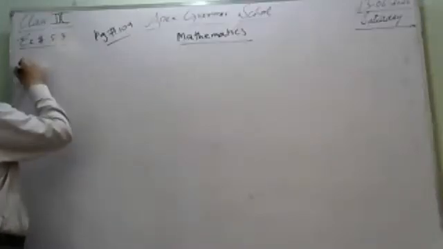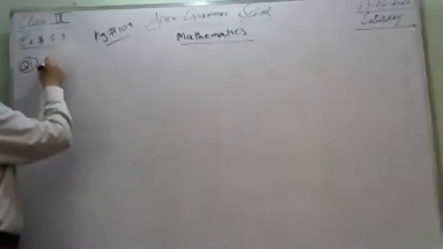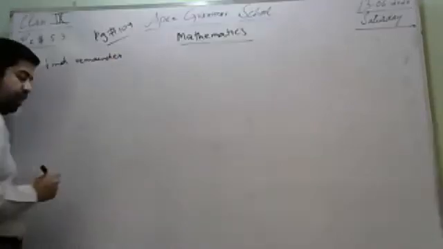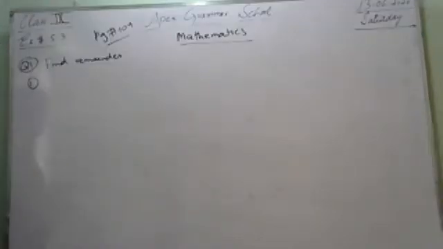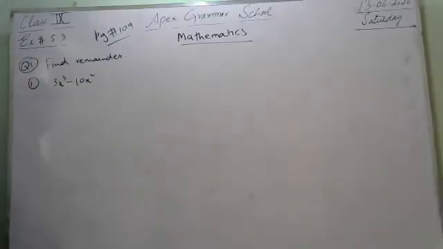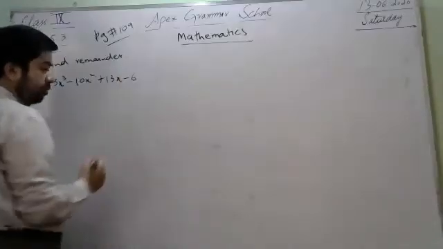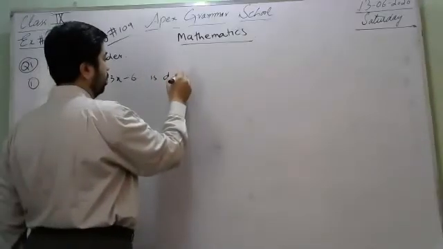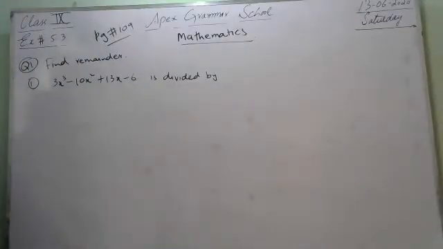Exercise 5.3, question number 1. Find the remainder. The first part is when 3x cubed minus 10x squared plus 13x minus 6 is divided by x minus 2.